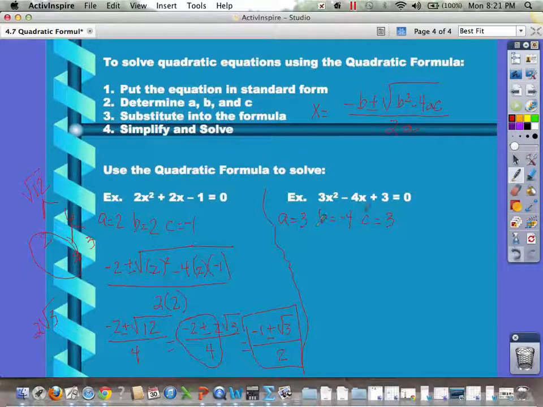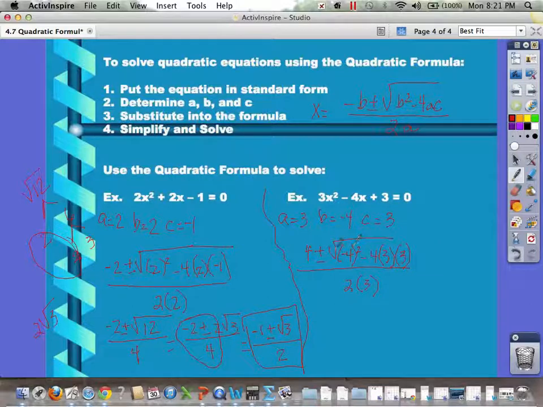Alright, so we do the opposite of B. Well, the opposite of negative 4 is 4, plus or minus the square root of b squared, negative 4 squared, minus 4 times a times c, all divided by 2 times a, which is 3.